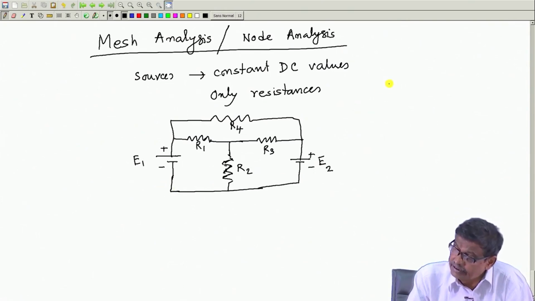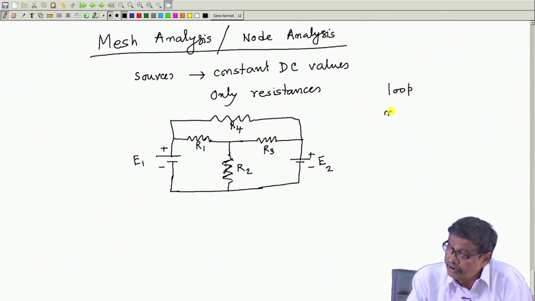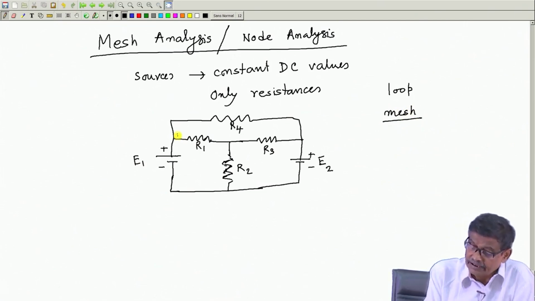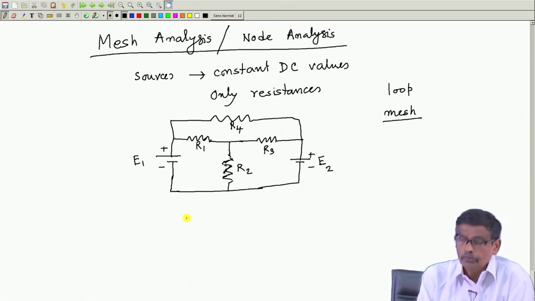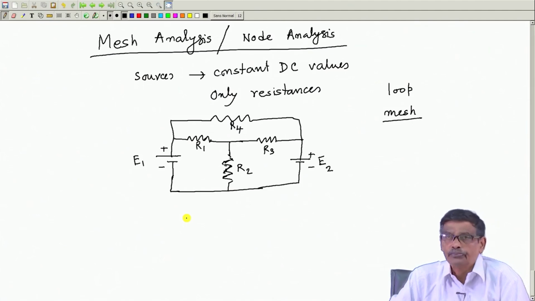So, first I distinguish between loop and mesh. So, it is like if you consider this is a window, window panes are there. Okay. Now, any closed loop you identify in a network, these are loops.